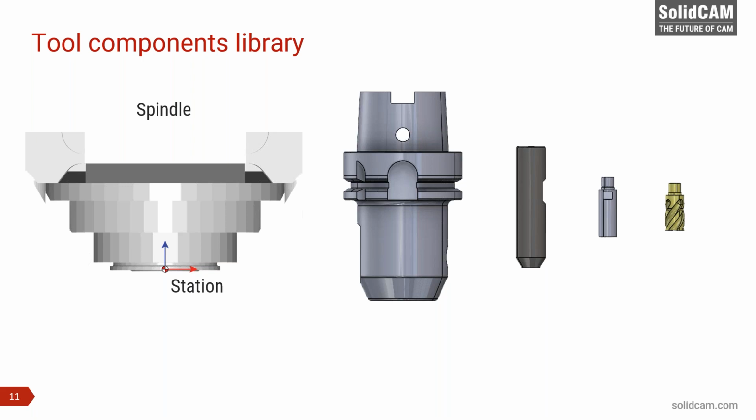On the left side, what I put here is the spindle itself. It's just a fragment of the spindle to give a focus on the station. The station and the spindle are both defined in your VMID for the post-processor, and the station is basically the position where your tool will be mounted.